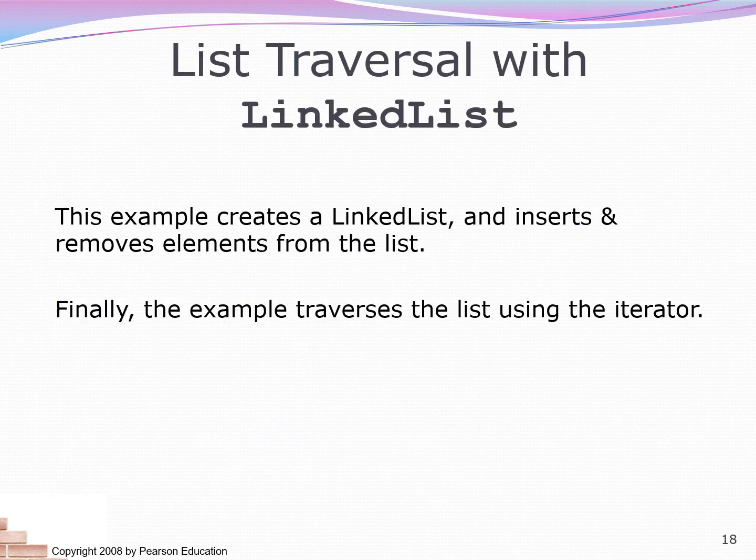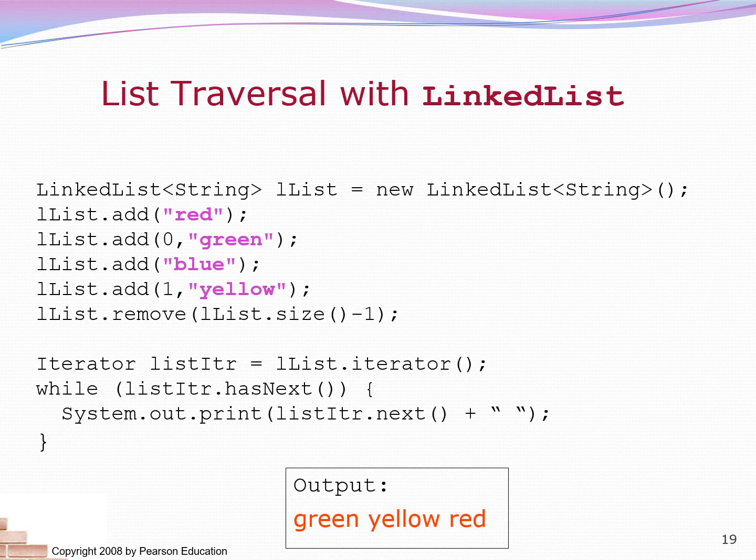All right. Let's look at an example using linked list. That one just now is array list. This is linked list. Linked list of string means that in this list you want to put strings inside. This is the name of our linked list, new linked list, don't forget this. And then you keep on adding red.